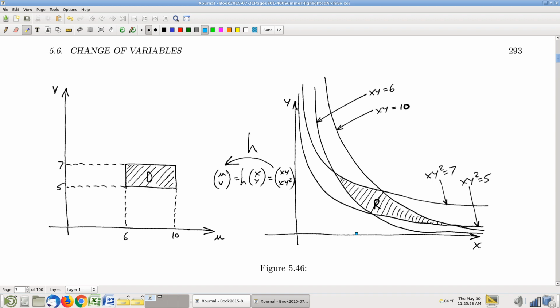So this kind of thing does come up, where we have 2 curves that have similar equations: xy equals one thing, xy equals another thing, and then another 2 curves that also have similar equations.